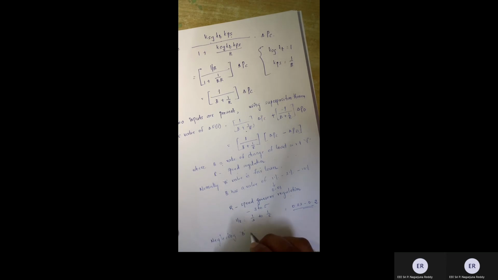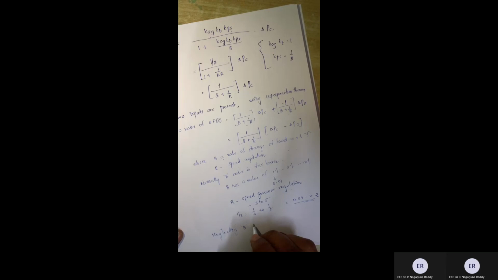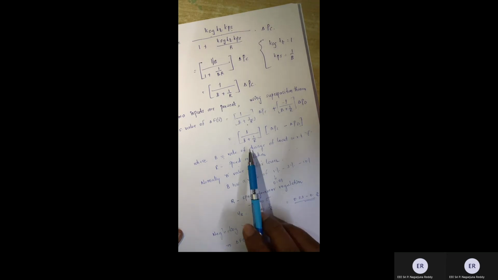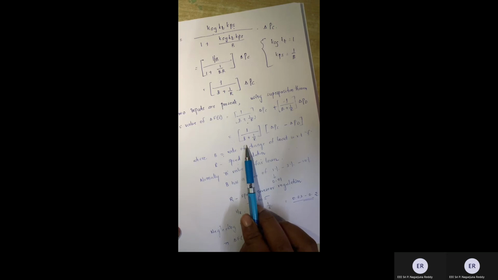B over 1 by R. So this will result in delta f of s steady state value is equal to, now in this equation I'm going to neglect B value. So I'm going to get this is 1 by R, right?